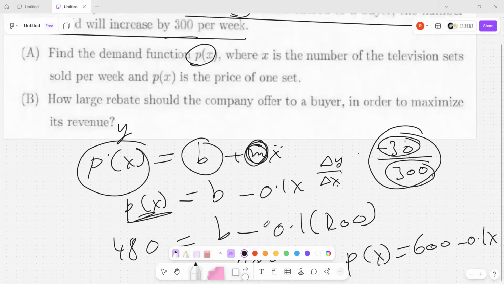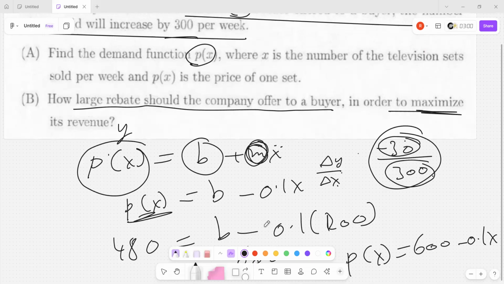How large a rebate should the company offer a buyer in order to maximize its revenue? Remember, as I told you, the revenue function is equal to what? The profit plus the cost, right?